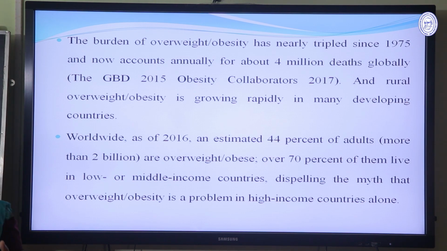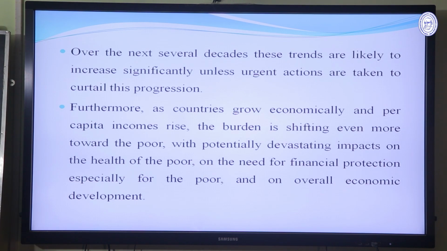Actually, low income and middle income countries are confronted with a double burden of malnutrition, or a coexistence of both overweight, obesity and undernutrition. This is the most crucial thing in case of low and moderate income countries. Over the next several decades, these trends are likely to increase significantly unless urgent action is taken to curtail this progression.